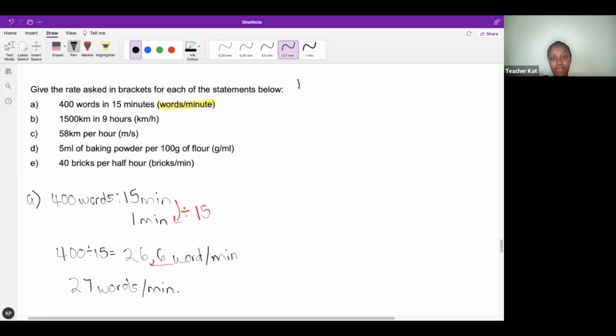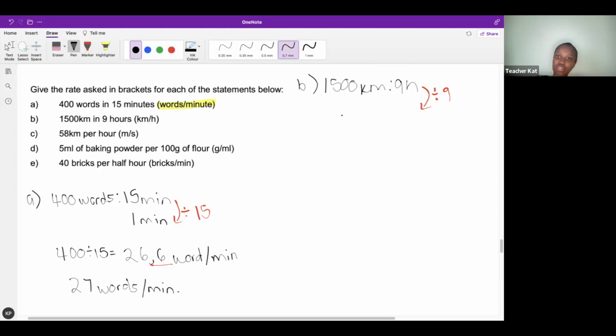Number B. For 1,500 kilometers in 9 hours. So I have 1,500 kilometers in 9 hours. So to get to 1 hour, what am I going to divide both sides by here? Thank you, by 9.